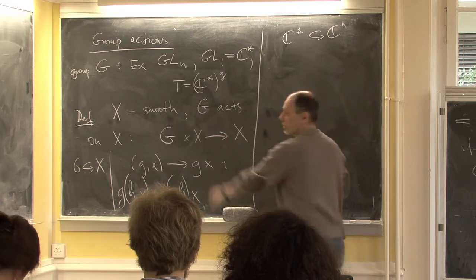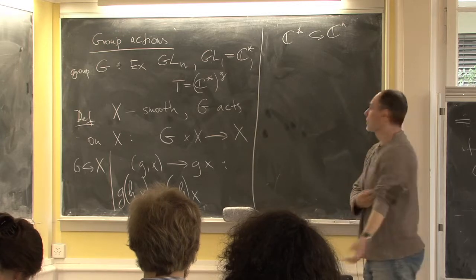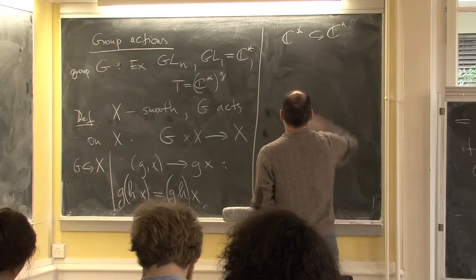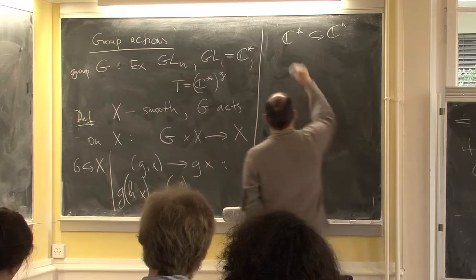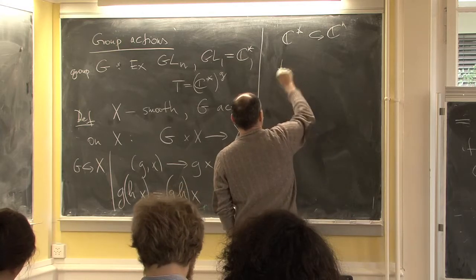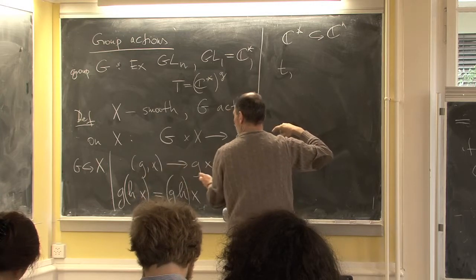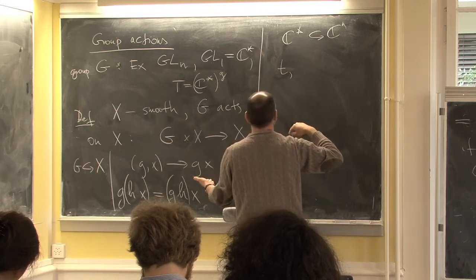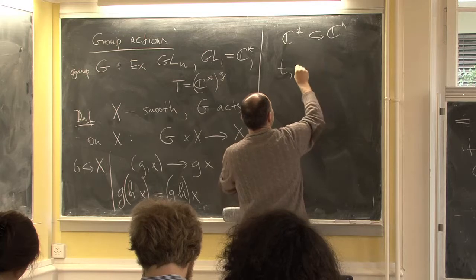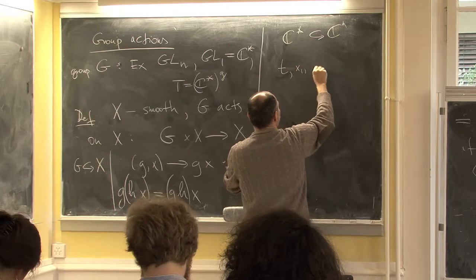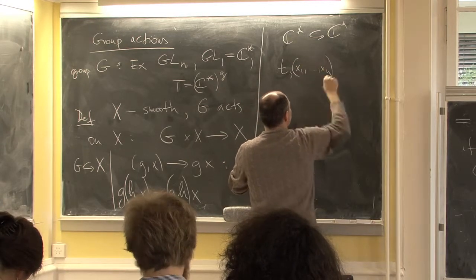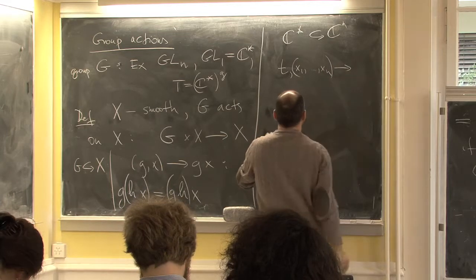Maybe just a notation, I'll often use this silly notation like this. But that's just a notation for this. Okay, so what is the action? You can take a linear action. Here the parameter I usually denote by t, and this will be the formula for the action. I take here some vector x_1, ..., x_n.